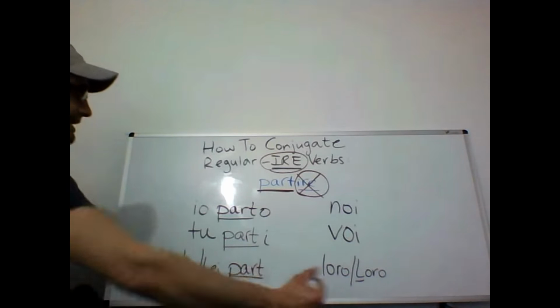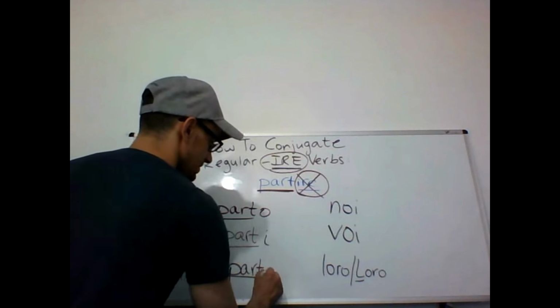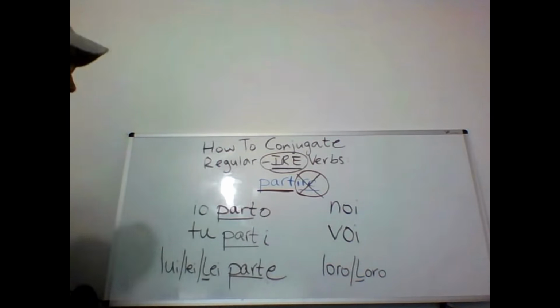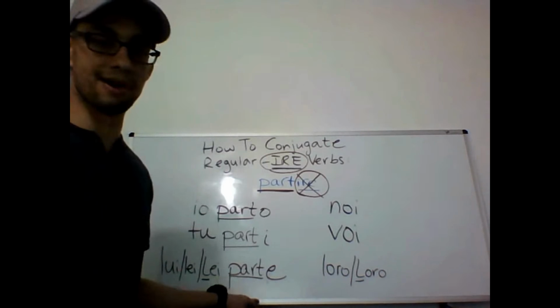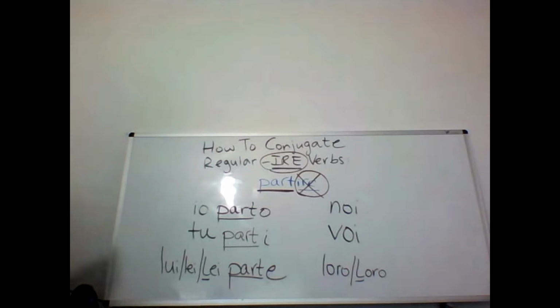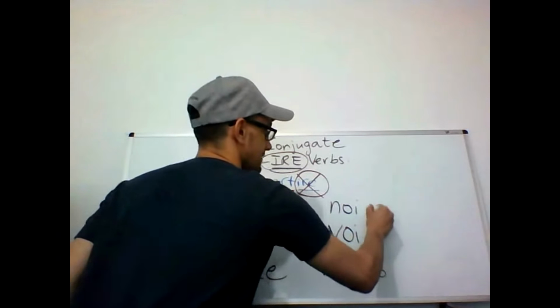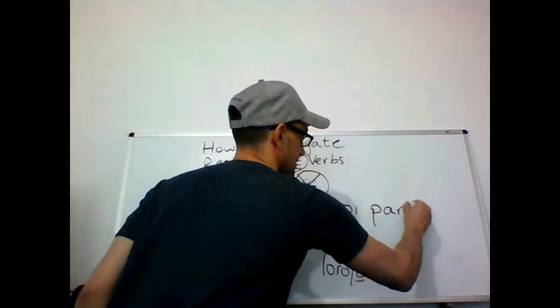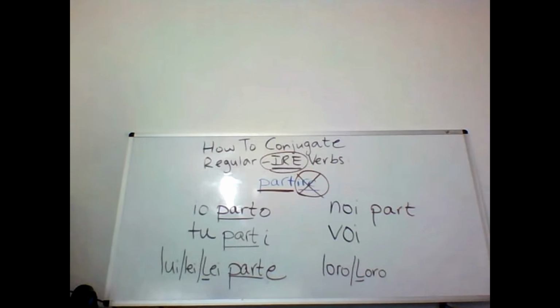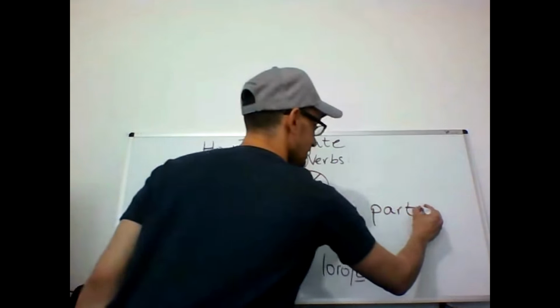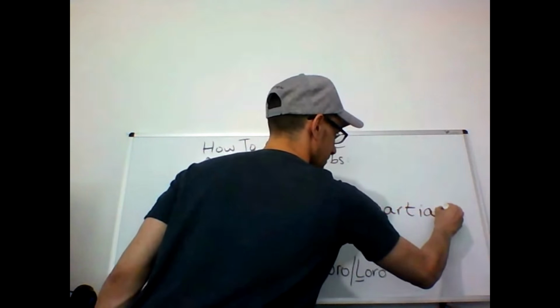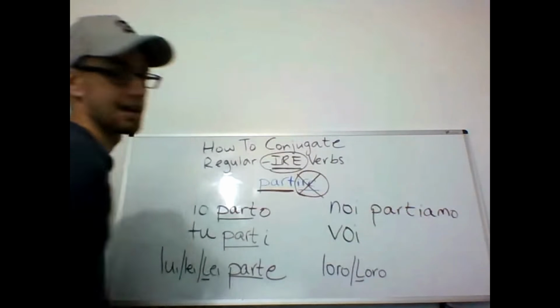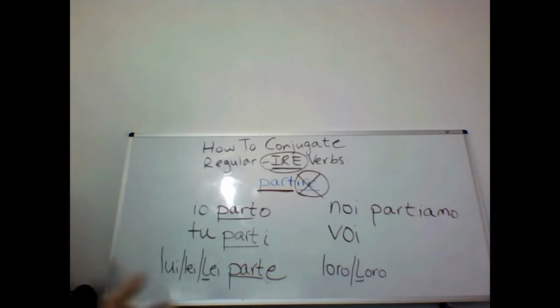And then I got to add the ending for lui, lei, which is an E, and it's pronounced lui, lei, parte. For the noi, add the stem, part. And add the ending, iamo. Noi partiamo. We leave.